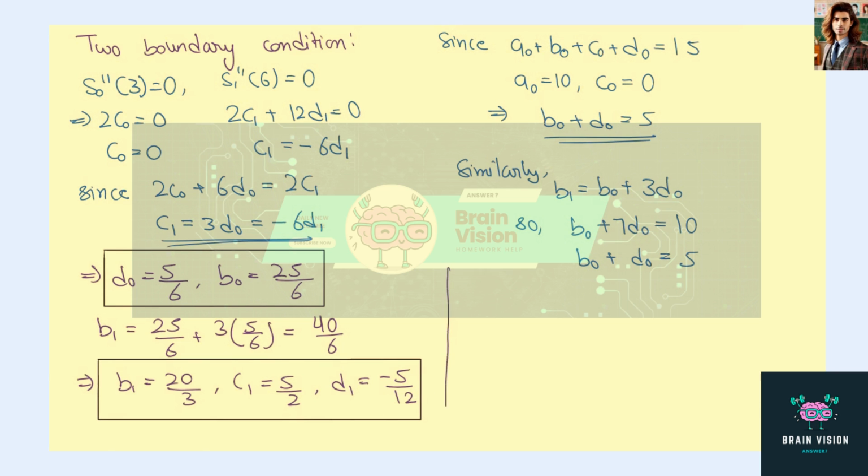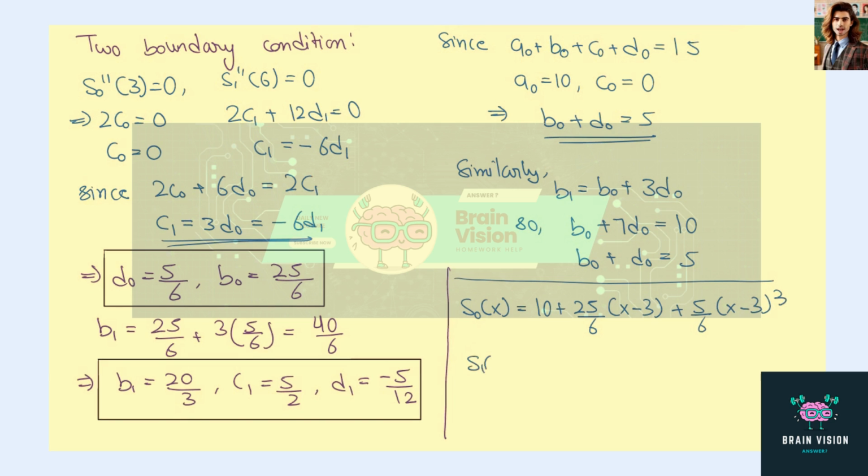Now with this, we have S0(x) = 10 + (25/6)(x − 3) + (5/6)(x − 3)³.